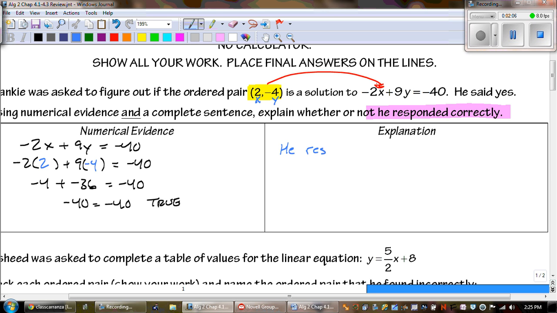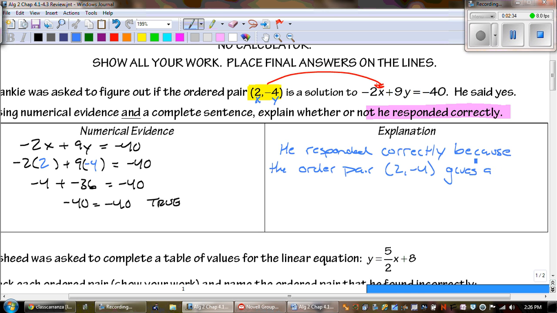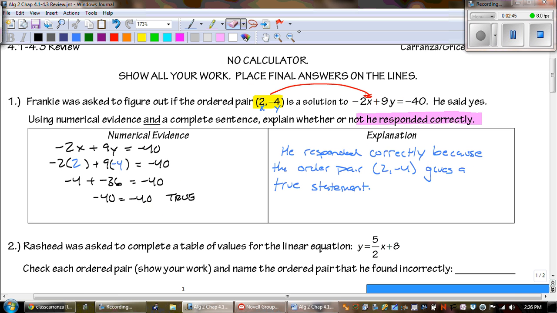He responded correctly because we have to prove it, the ordered pair, because that's what we were checking, 2, -4. What did it give us? We just saw it over here, a true statement. Okay, so there's number 1.